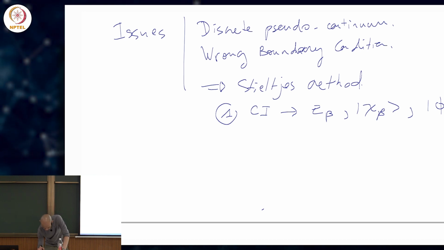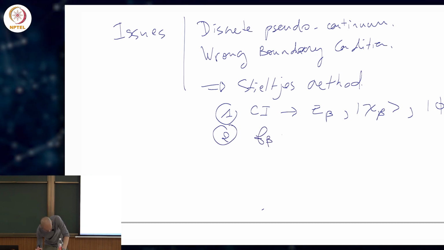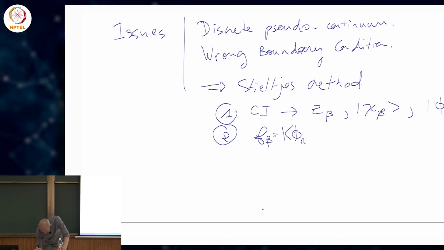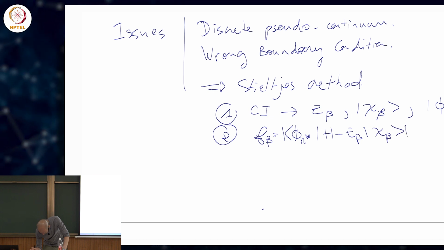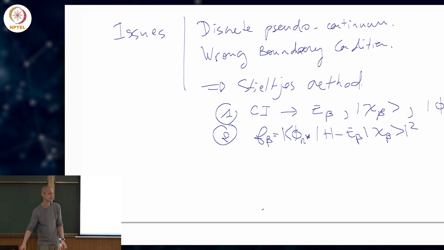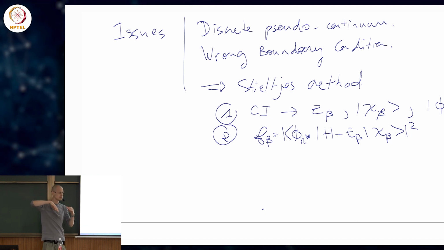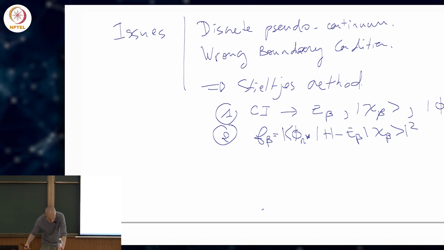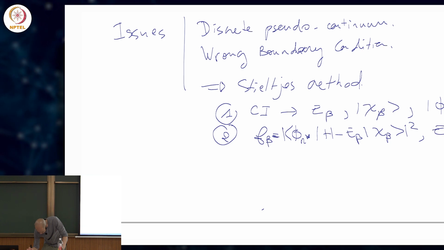Okay? Two, you compute your coupling, which I will call F beta for the moment. You compute your coupling with the wrong continuum state. This K beta can have any energy. It doesn't have to be at the energy. You compute all of them. Okay? So then you get this F beta and you have E beta.